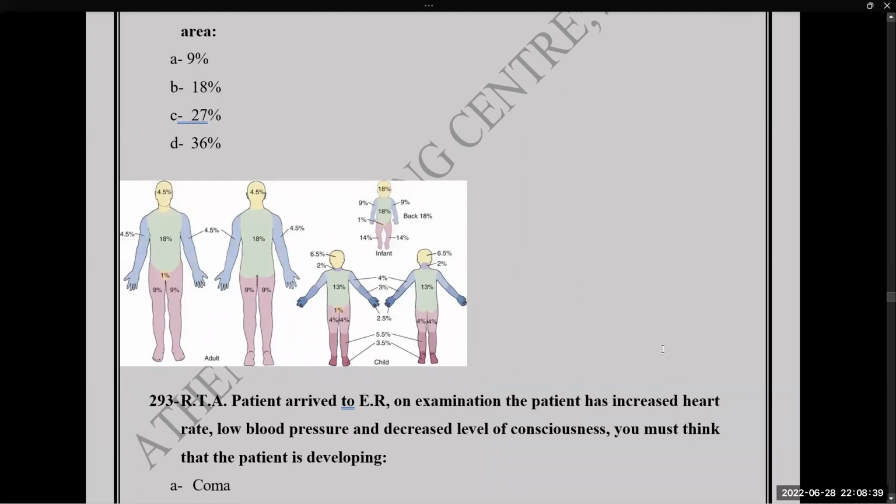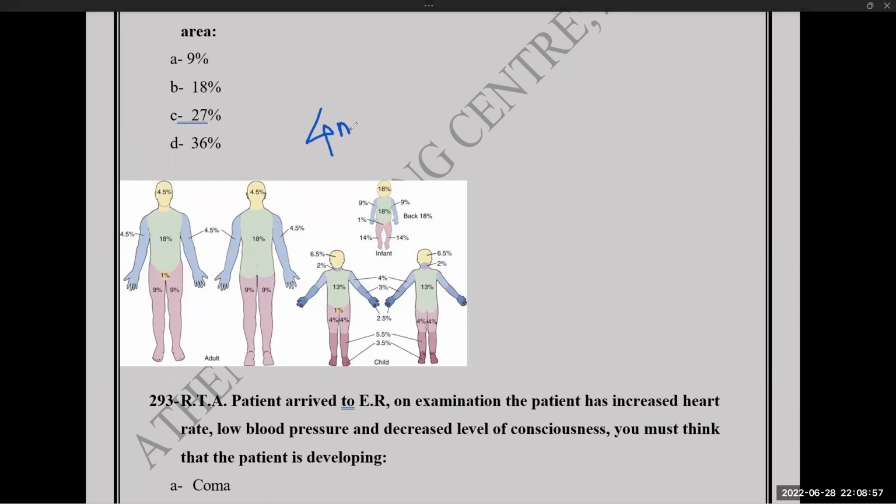Calculating body surface area is necessary in order to calculate the total fluid volume. For example, if you wanted to replace fluid for a patient with burns, the calculation is like this. There is the Baxter formula and the Parkland formula: 4 ml into the patient's body weight in kilograms into the body surface area affected, BSA.